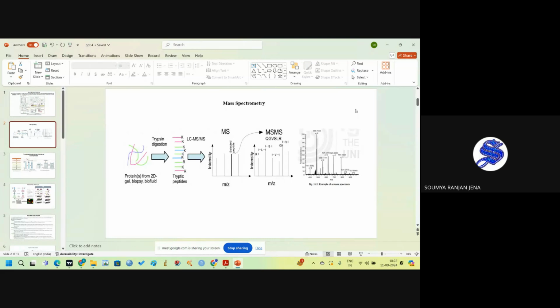It will blast to the NCBI databases, and it will align with the entire NCBI databases to find out which protein has this fragment, which protein has this QGVSLR fragment. The minimum matching of the peptide should be greater than 60 to 80%.